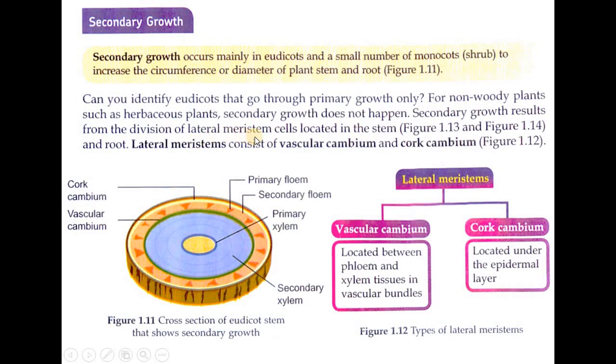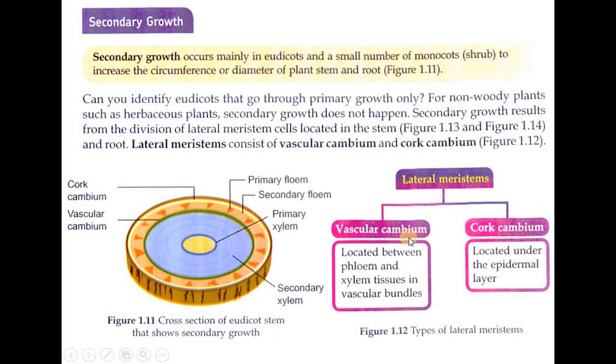What are lateral meristem cells? They are meristematic cells that are actively dividing. Lateral meristem consists of vascular cambium and cork cambium. The lateral meristem divides into two, vascular cambium and cork cambium.